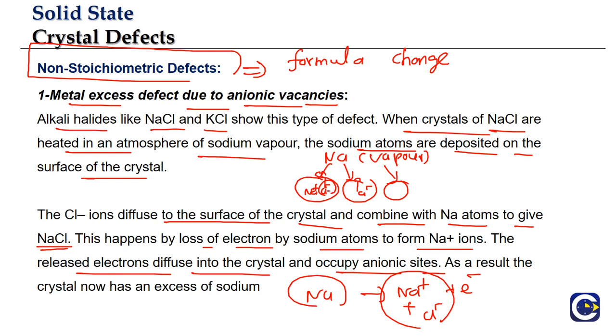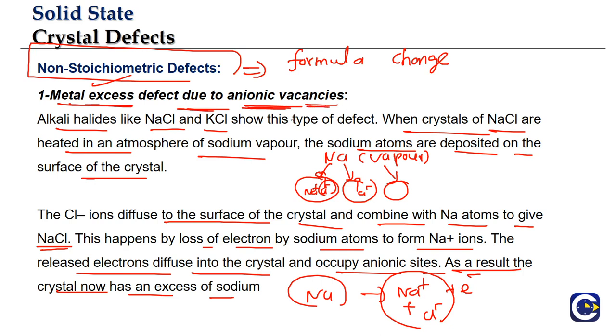Wherever the anion was there previously, the electrons will go and occupy those sites, and as a result, what we observe is that the entire crystal is now having excess sodium. So that is the reason why we are calling this defect a metal excess defect due to anionic vacancies.